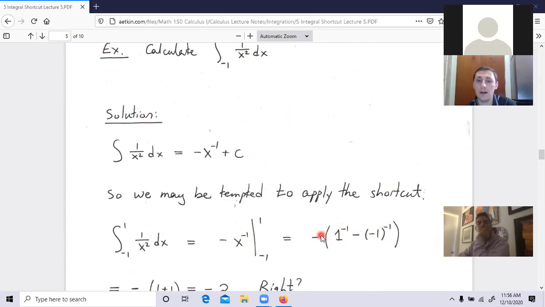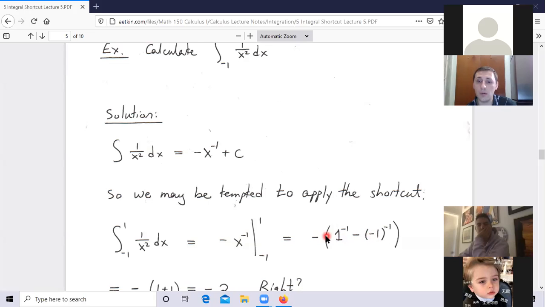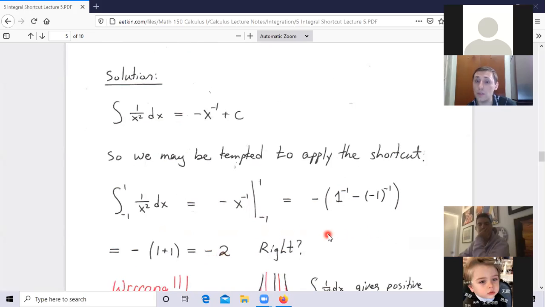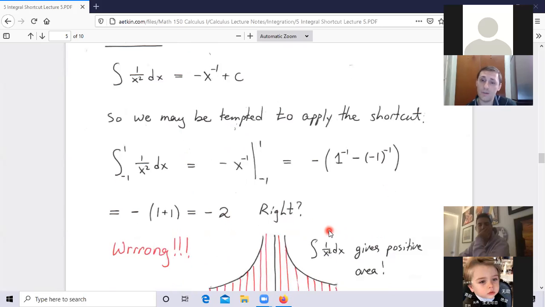That is 1 plus 1 with a minus, so the answer is minus 2. Is it right? As Irvin anticipated, it is wrong.